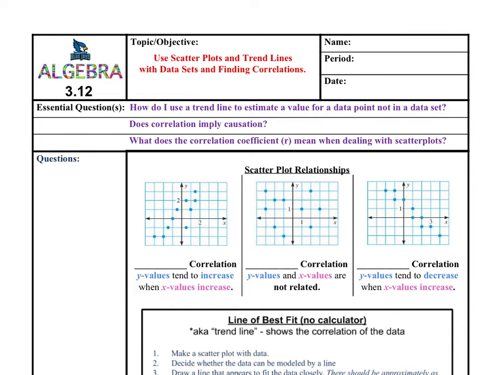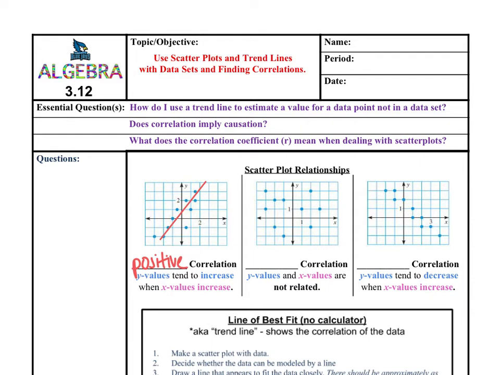The first is a positive correlation, which says that as the x values tend to increase, the y values tend to increase. So you can see it here if I draw a line. This is called a line of best fit that I just drew through the points because it's demonstrating how the data is generally moving.